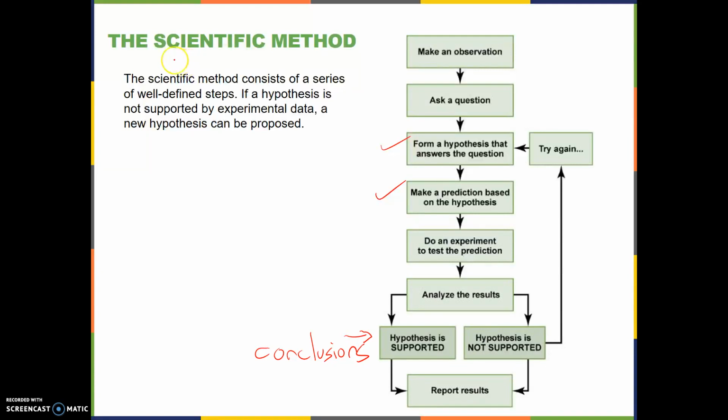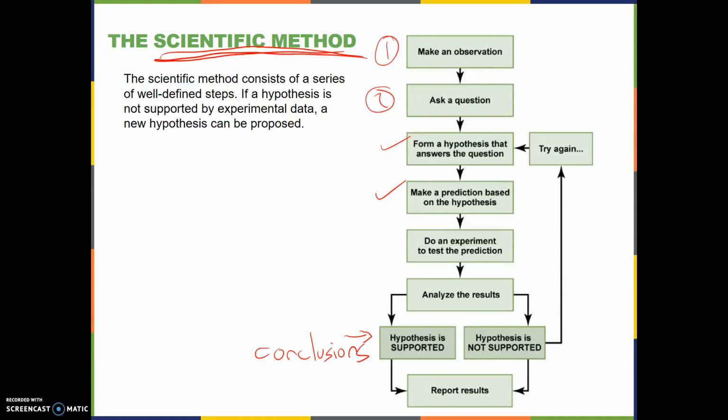So in the scientific method, we typically follow this series of steps, usually in this same order. The first thing that we'll do is make one or more observations that lead us to ask a question. And the question is a problem that we'd like to find the answer to, we'd like to solve.